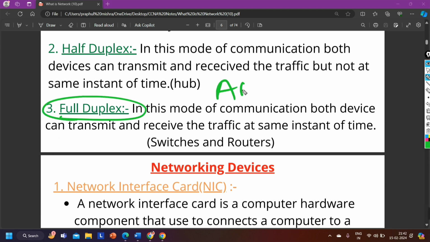Half duplex, except the AP, access point, because access point is working on half duplex only. You can use an access point as full duplex also, but you have to configure it. By default, it works on half duplex. Clear? Fine, guys. Any question till here?